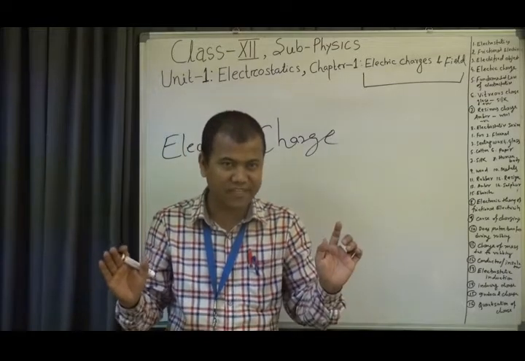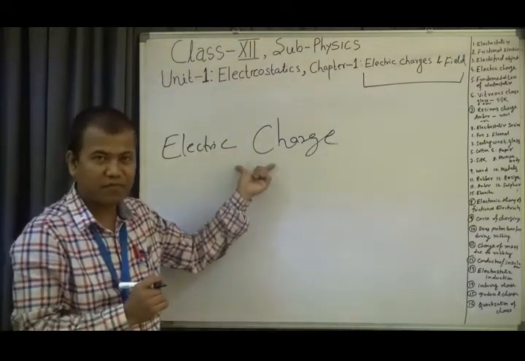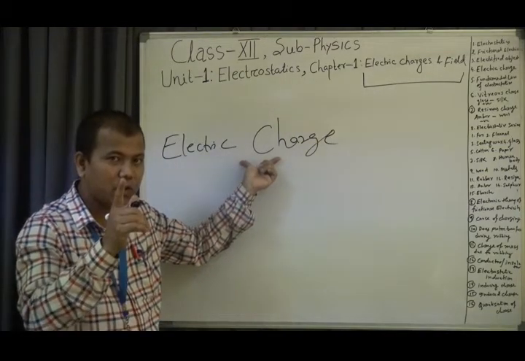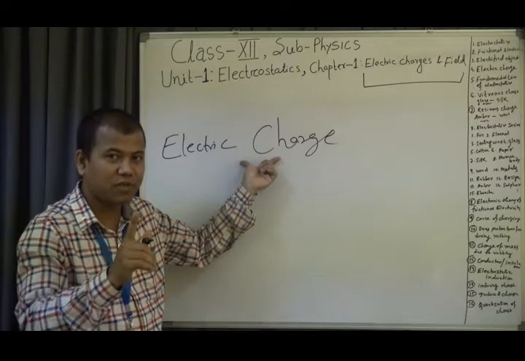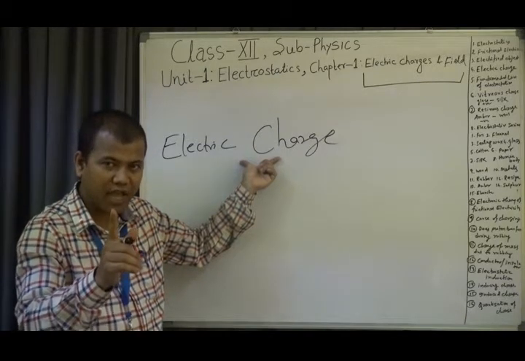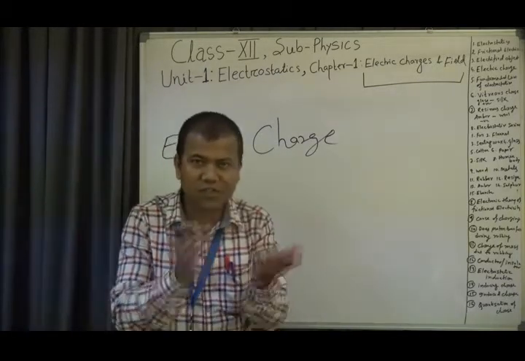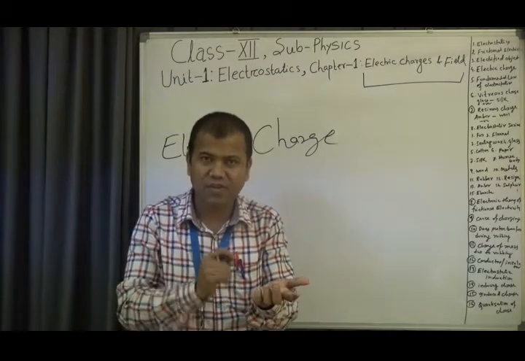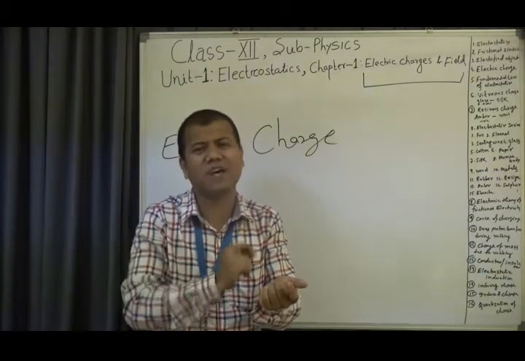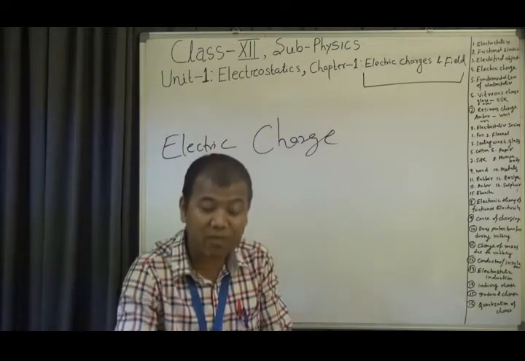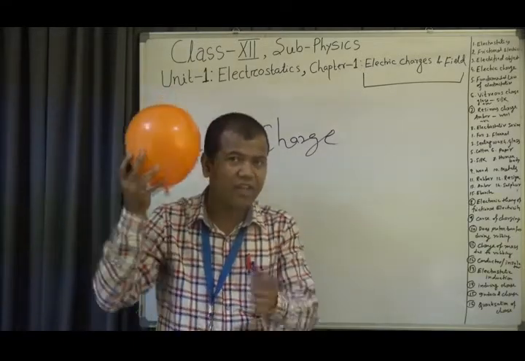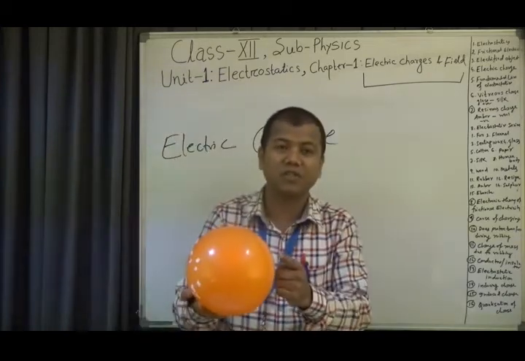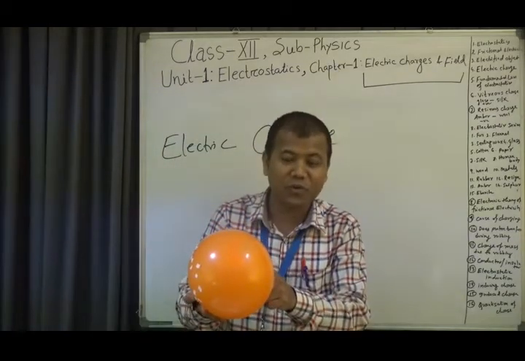I repeat what I said about the concept of charge. But before getting the concept of charge, you should know charge is not possible to explain without mass. Suppose electron, it is a charge, right? But electron has some mass, maybe very, very less mass. So whenever I rubbed that balloon with my hair, some charges were transferred to this balloon.